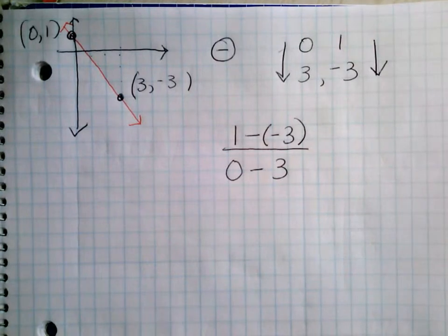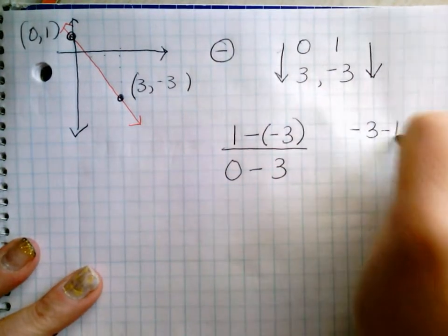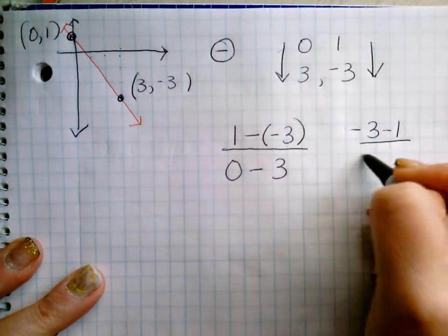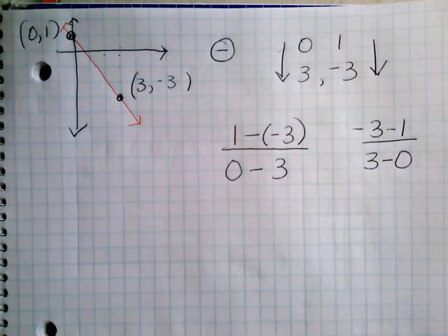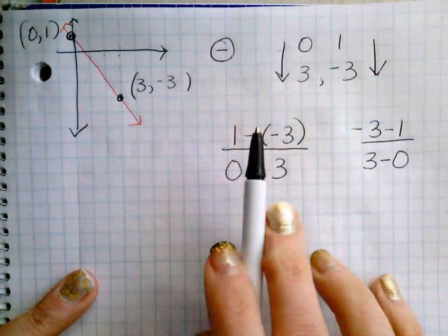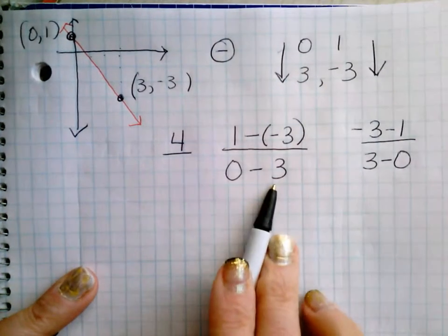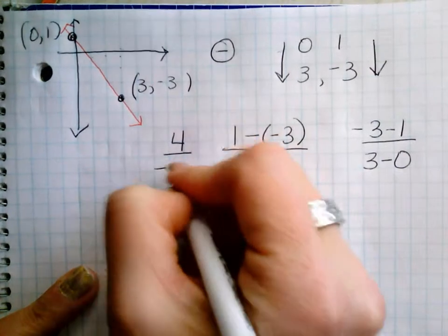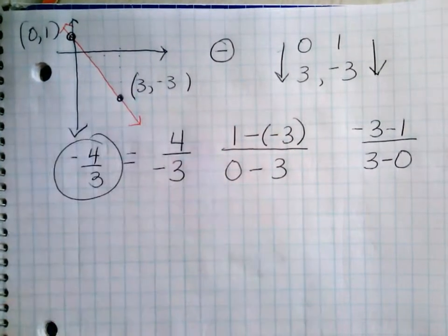Okay, had we gone the other way, let's just say we subtracted in the other order. It's negative 3 minus 1 and 3 minus 0. Will we get the same answer? Mm-hmm. The top is going to be 1 minus a negative, so it's going to be 4. Bottom, 0 minus 3 is negative 3, which negative 4 thirds is how you would say that.